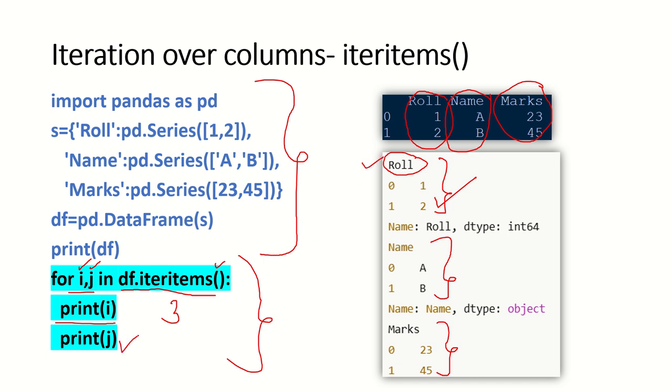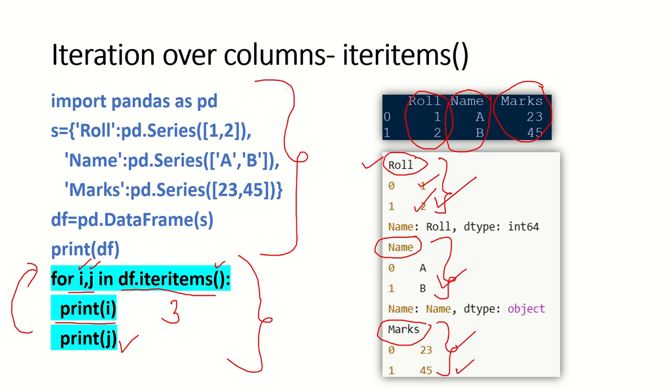Now if I print j, all the values of roll, that means 1 and 2, get displayed. In the second iteration, i becomes name and j becomes A and B, because in the second column we have A and B. In the third iteration, i becomes marks and j has the values 23 and 45. This is how it goes.